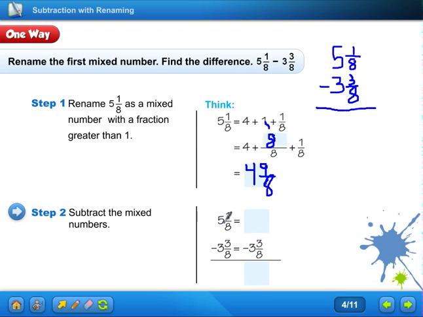Subtract the mixed number. So we know that 5 and 1/8 is also equal to 4 and 9/8. So up here, I could not subtract it. Down here, I can because 9 is more than 3. 9 minus 3 is 6.